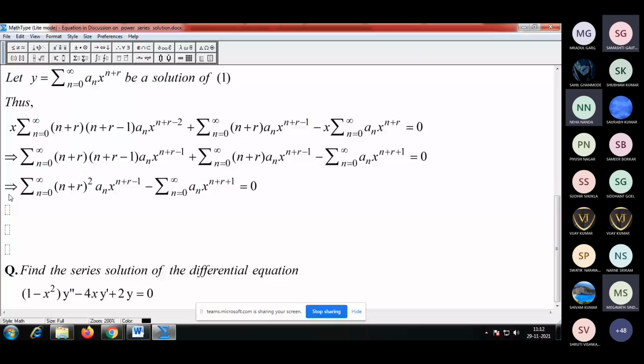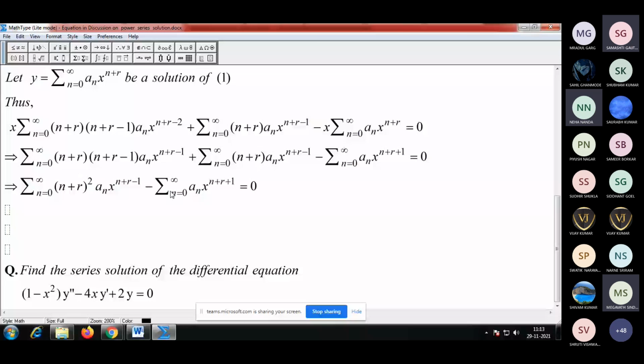Now we have two summations, but our goal is to reduce to one summation. For the first summation, when n equal to 0 the first term is r minus 1, when n equal to 1 it is r, n equal to 2 gives r plus 1, and so on. So it starts from x power r minus 1.